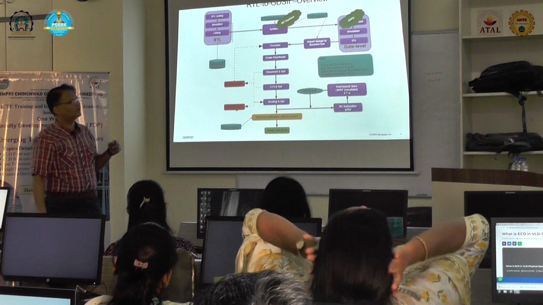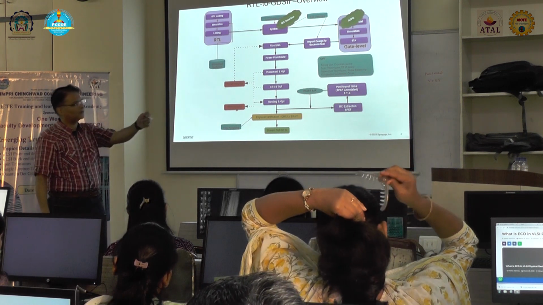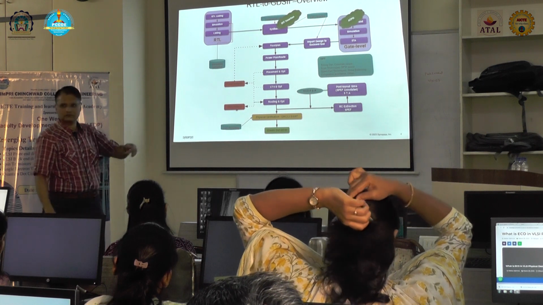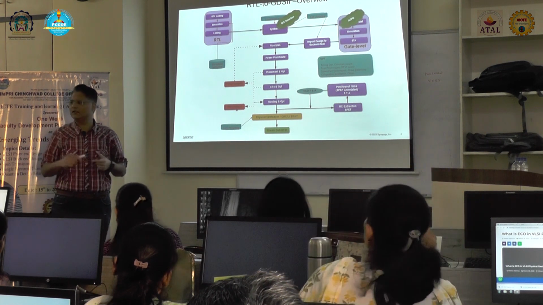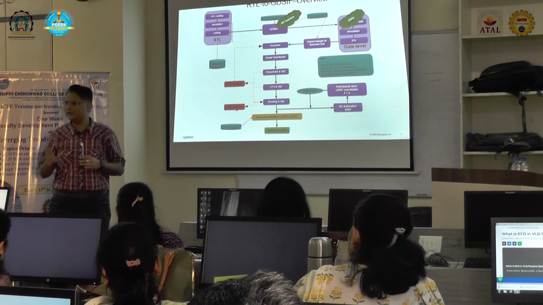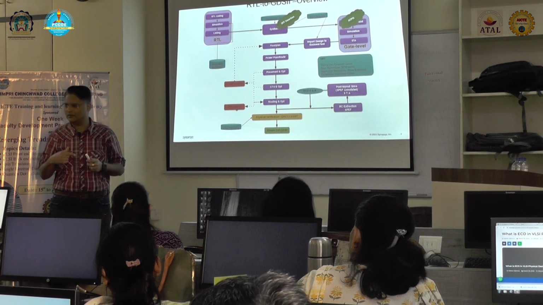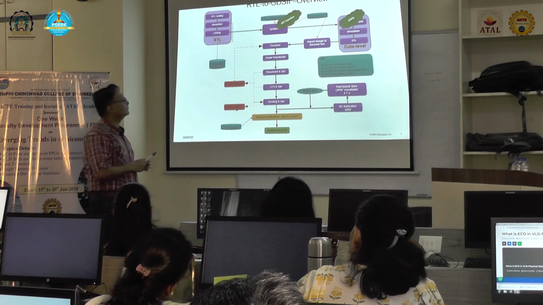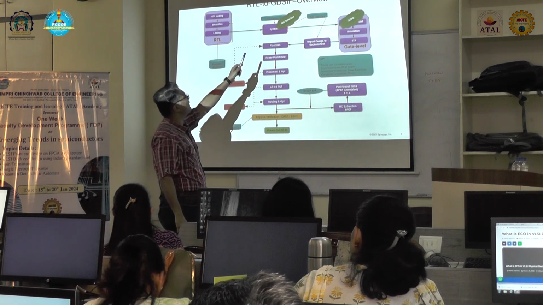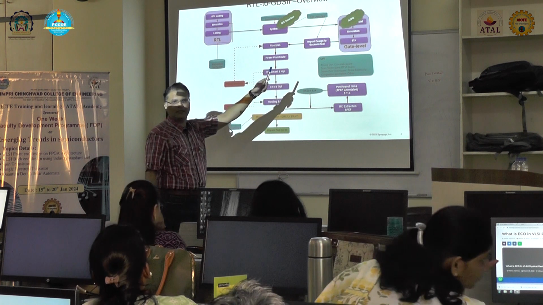So after the chip fabrication is done, how do I make sure that the chip fabrication is correct and it is matching all the requirements that were placed? So we do something called DFT insertion and we do something called ATPG.